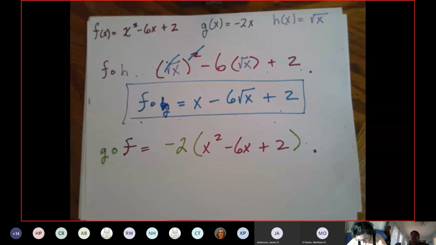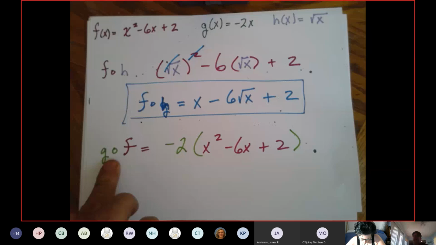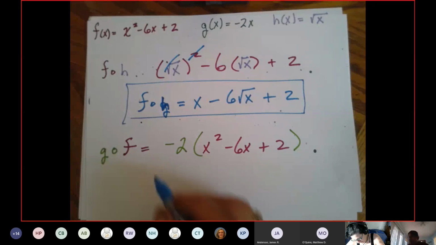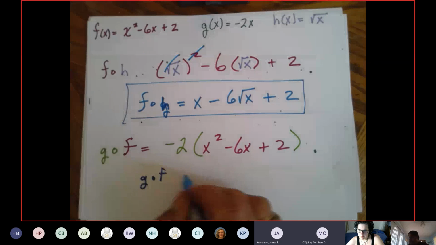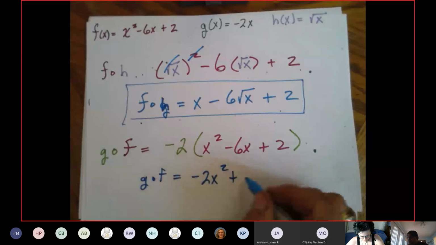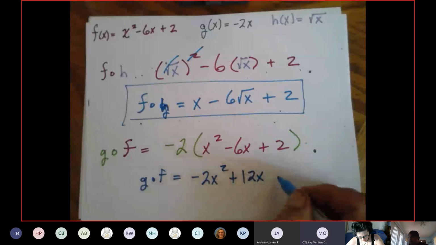You've been doing substitution in Algebra 2 or 101, 102. It's the same thing. You just got to know what this means without all the f of x's and g of x's flying around all over the place. So our answer, g composed of f, is equal to negative 2x squared plus 12x minus 4.